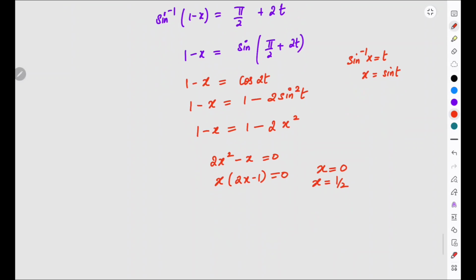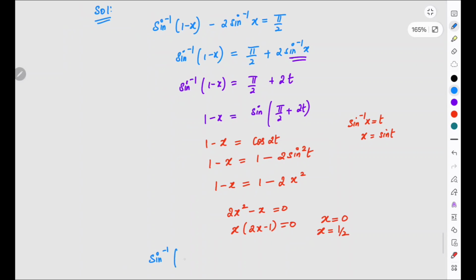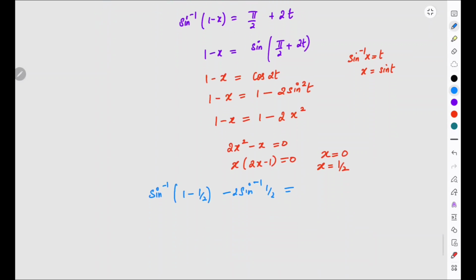So there are two values for x, but then we have to substitute and check whether it is going to satisfy or not. So the question is sine inverse (1 minus half) minus 2 sine inverse half, whether it is equal to pi by 2, we have to check.